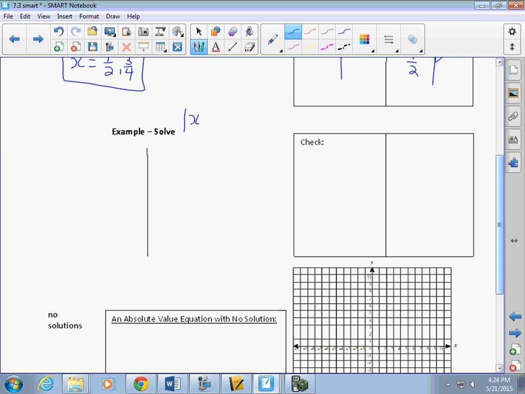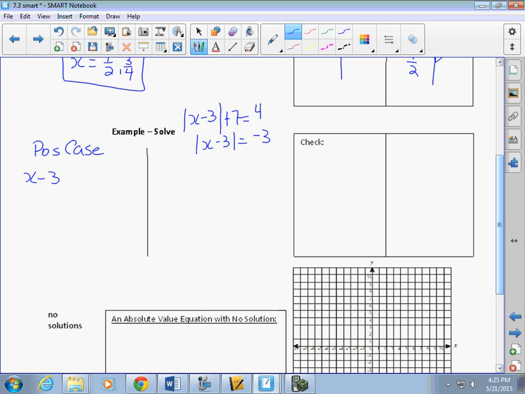Absolute value of x minus 3, sorry, keep mixing up my signs, plus 7 is equal to 4. So to get my absolute value by itself, I subtract 7, so absolute value of x minus 3 is equal to negative 3. So my positive case is just to write it without the absolute value sign.